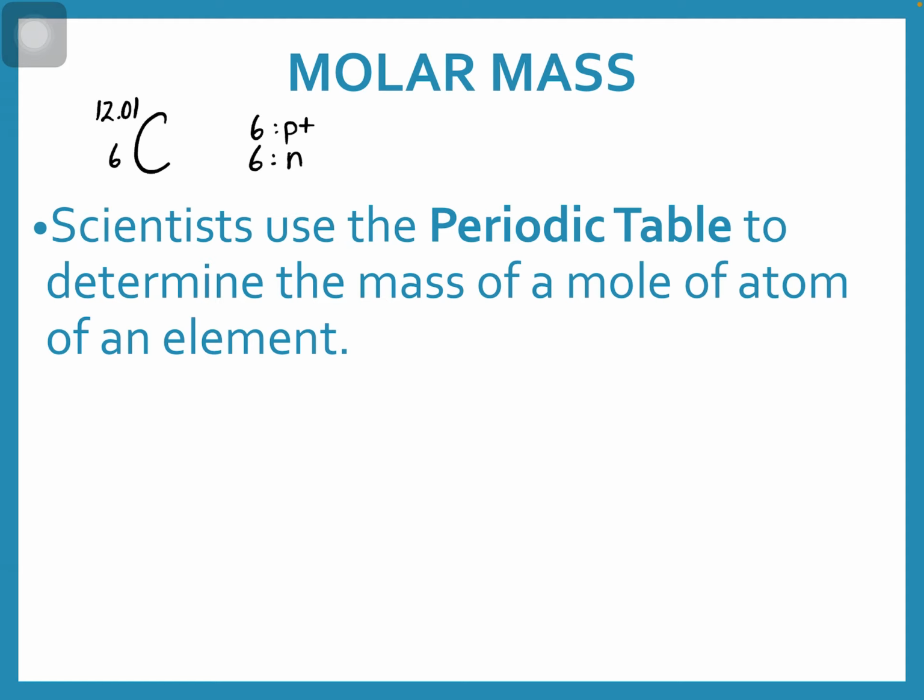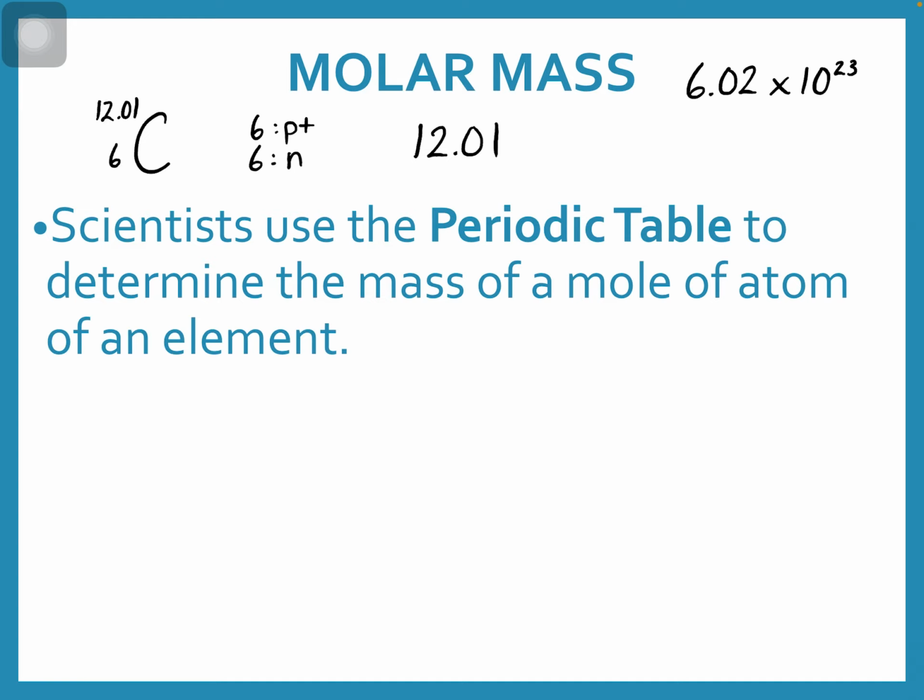So the mole, which we learned about in the last lesson, which represents 6.02 times 10 to the 23 of something, that's how many atoms it would take of any element to give us the mass of that element in grams that is equal to its atomic mass.